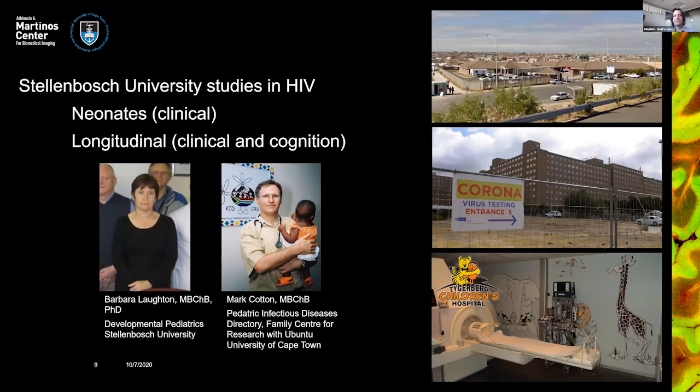The clinical work is done at Stellenbosch University. Stellenbosch recruits the mothers and the infants, and this work is being done by Mark Cotton, who's the infectious diseases expert, and Barbara Lawton, who's a developmental pediatrician who also does the cognitive testing.